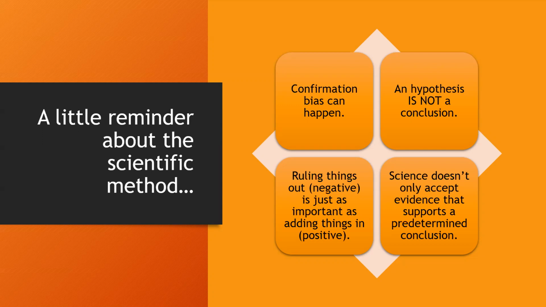We also talked about ruling things out negative. It's just as important as adding things in positive. And science does not only accept evidence that supports a predetermined conclusion. So keep in mind as you're going through this, it's not necessarily that we want to just keep the evidence that works for us and for our hypothesis and throw out the rest.